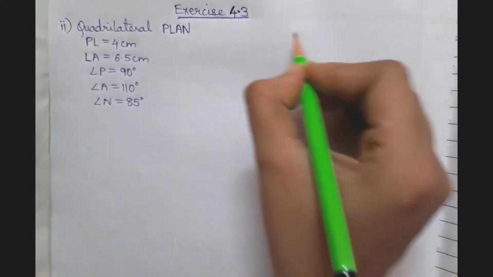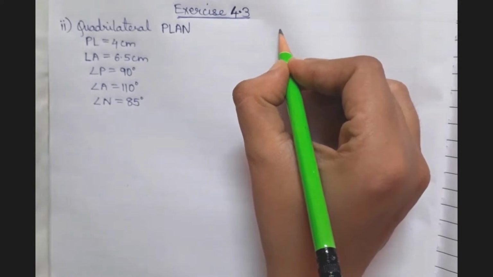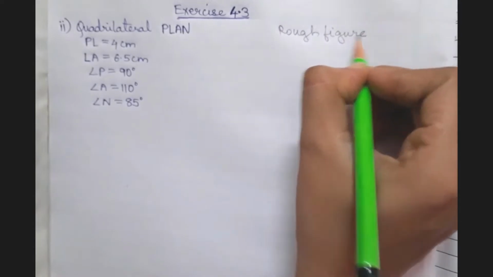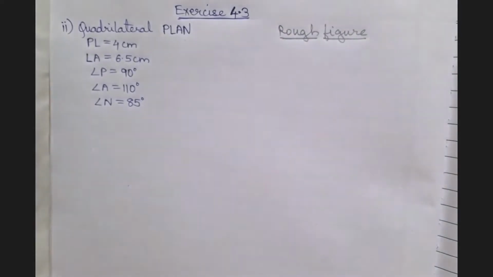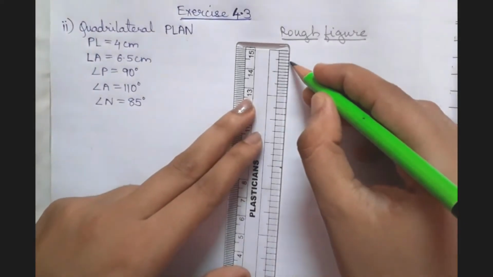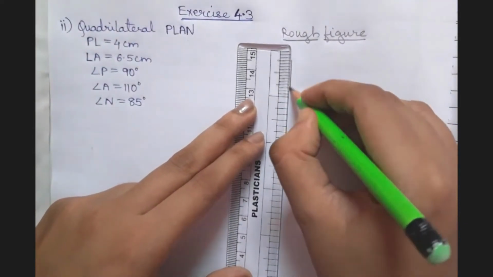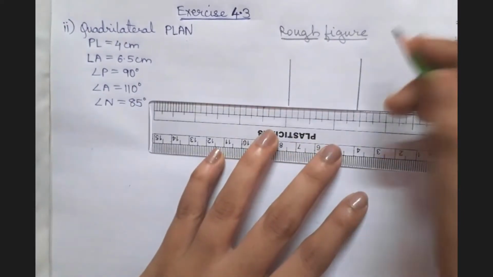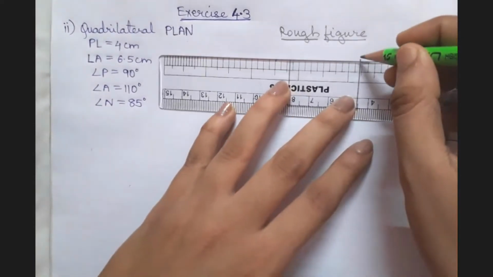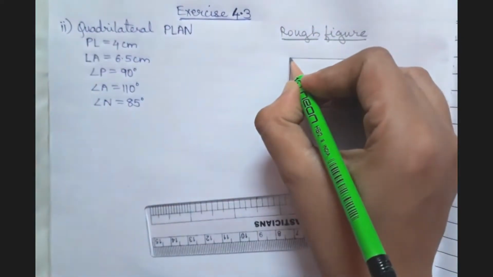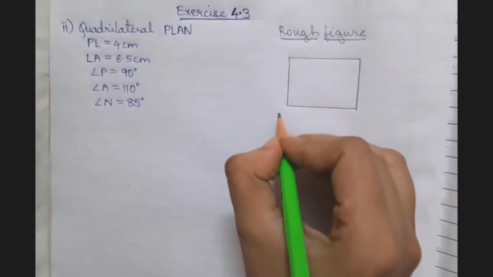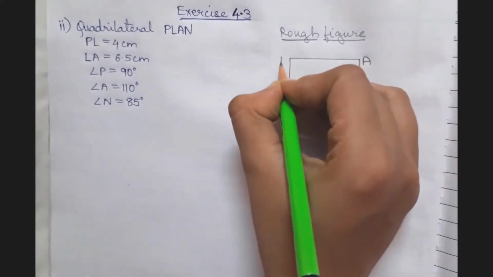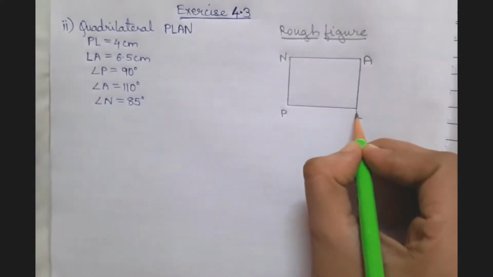So the very first step is to draw a rough figure. So this is a quadrilateral PLAM.